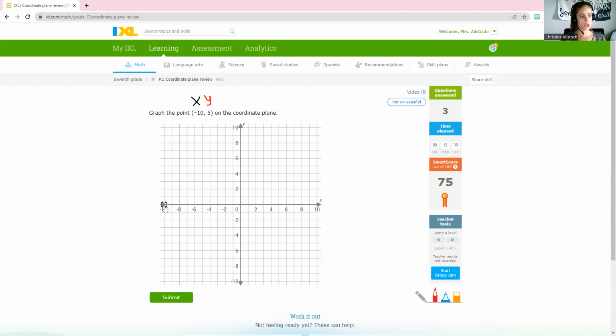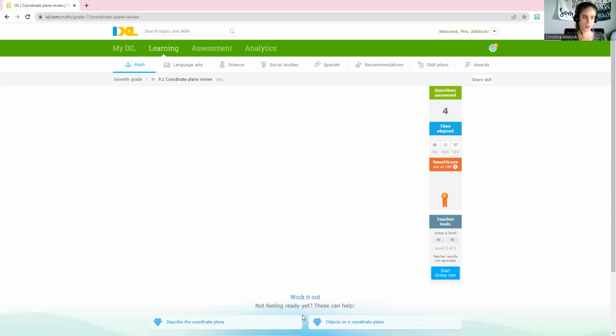Our Y value is a +5, so we're going to go up to the 5. You can either count up 5, 1, 2, 3, 4, 5, or you can look here at your numbers and notice that it goes from 4 to 6, skipping a line. Well, what's in between 4 and 6? 5. So that's why this right here is the correct location for that ordered pair.